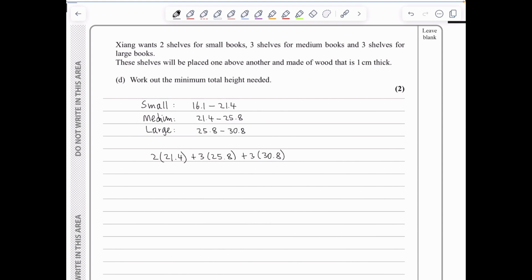And we also need to account for the thickness of the wood. We've got a total of 8 shelves, and each shelf is a centimeter in thickness, so plus 8 times 1, which gives me a total of 220.6 centimeters, and the examiner here is accepting anything which rounds to 221 centimeters.